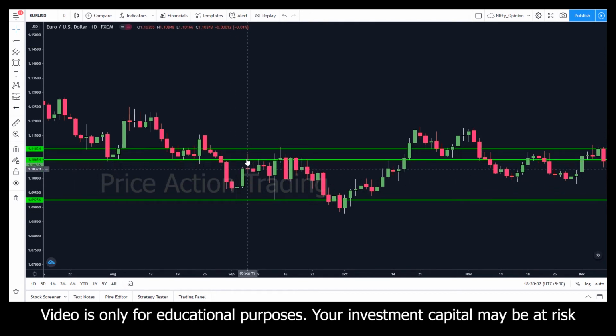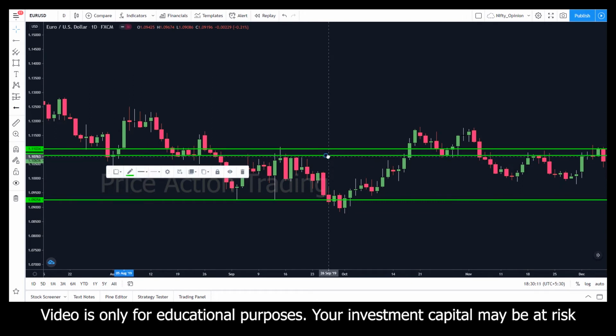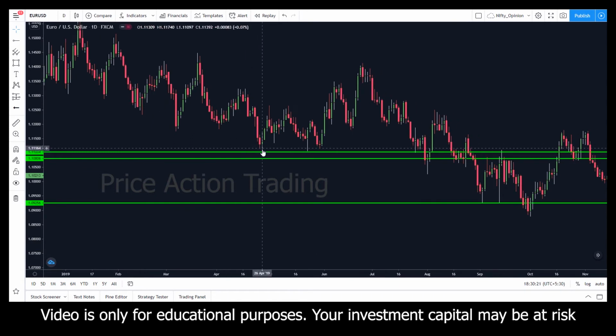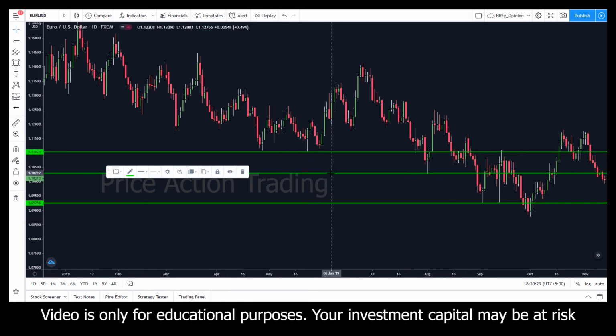Now again, see, this is also a level. I'm going into a very small time frame, but this should not happen. If I zoom out, this is also a level. This is retouched again, so this is also a level. If I move down this line, this is also a level.